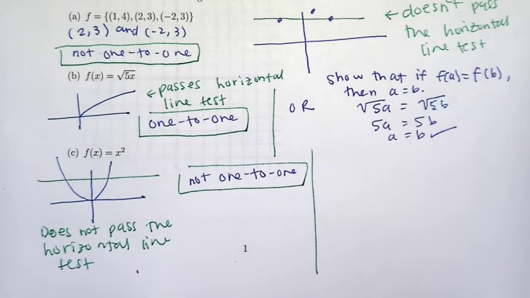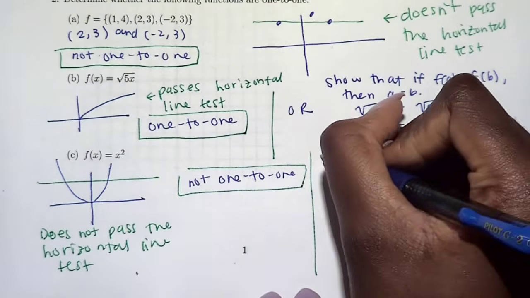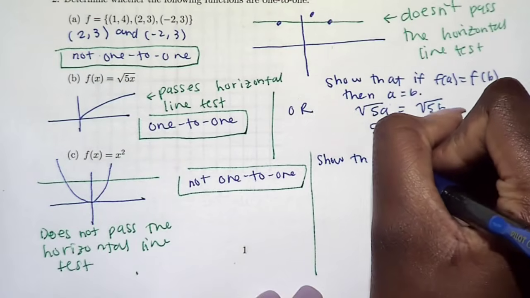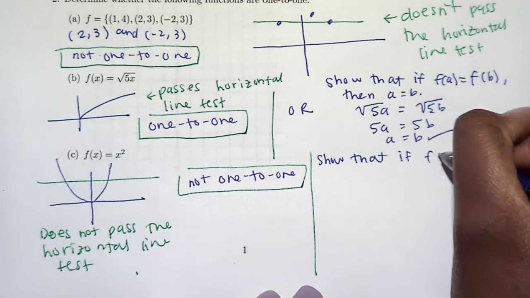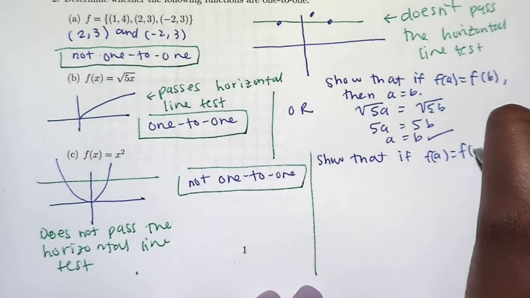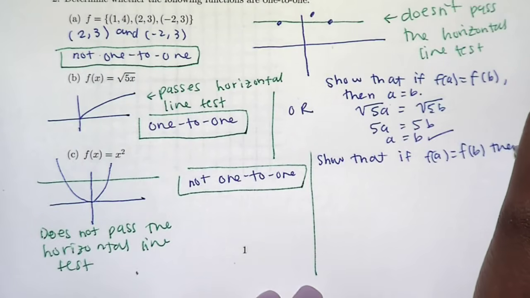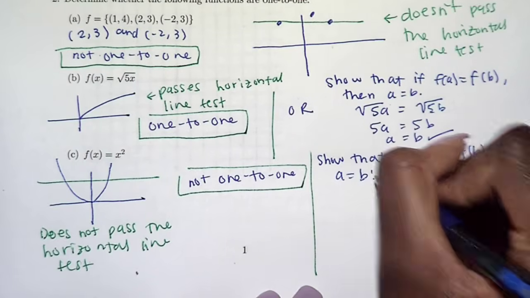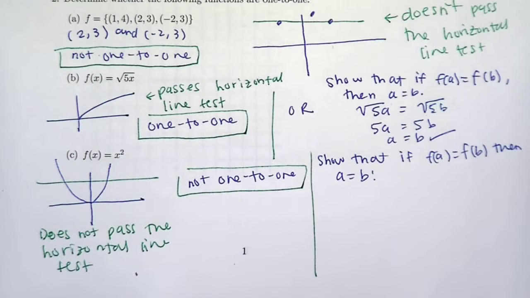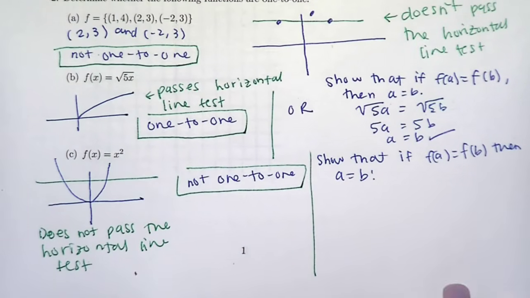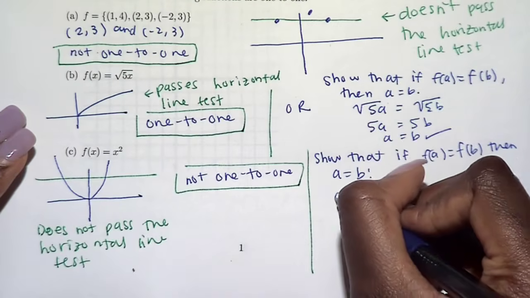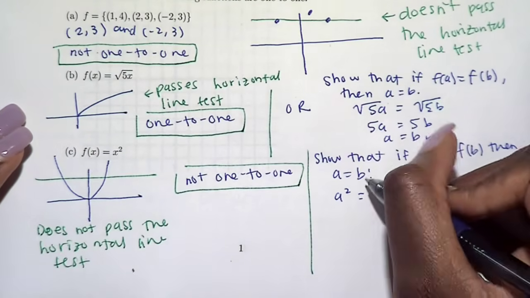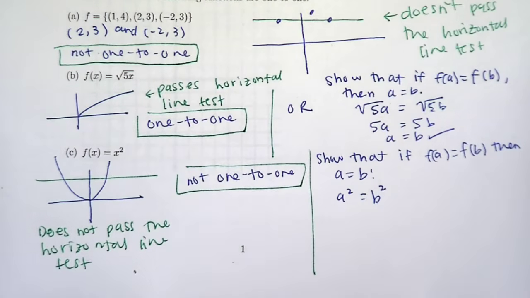Or we could show it algebraically. Again, show that if f of a equals f of b, then a equals b. Show that these must have been the exact same x value. So f of a is a squared. f of b is b squared. I'm going to take the square root of both of those. Well, what's the square root of something?